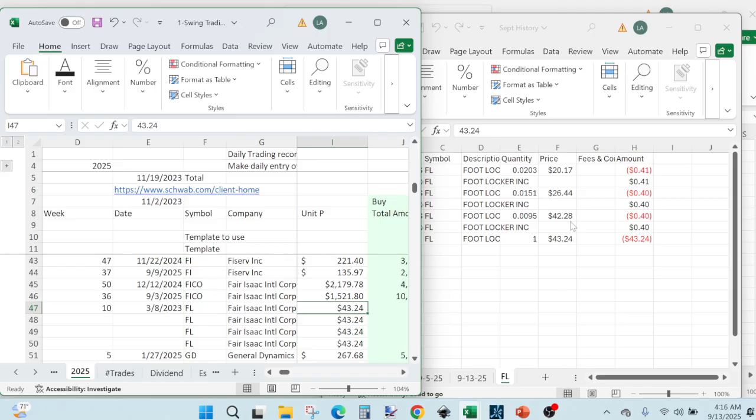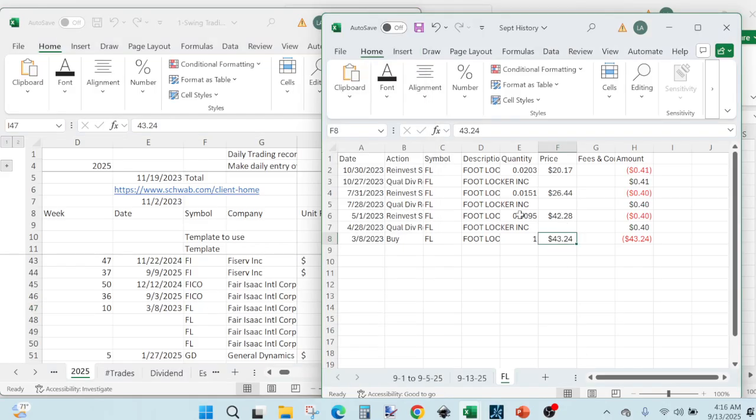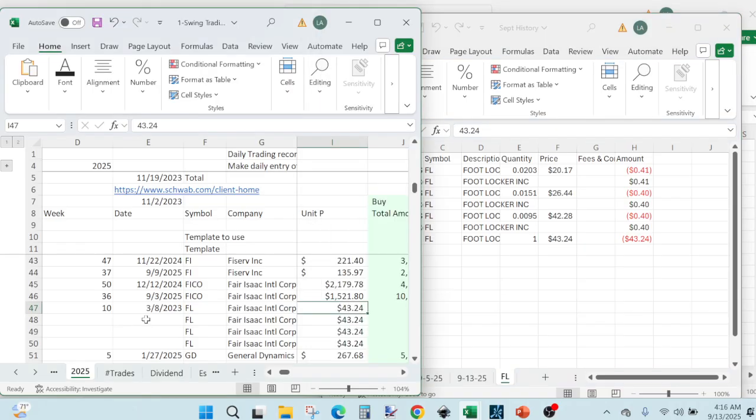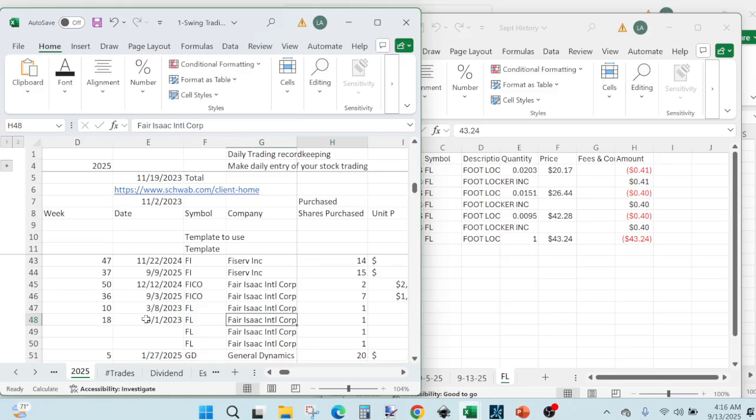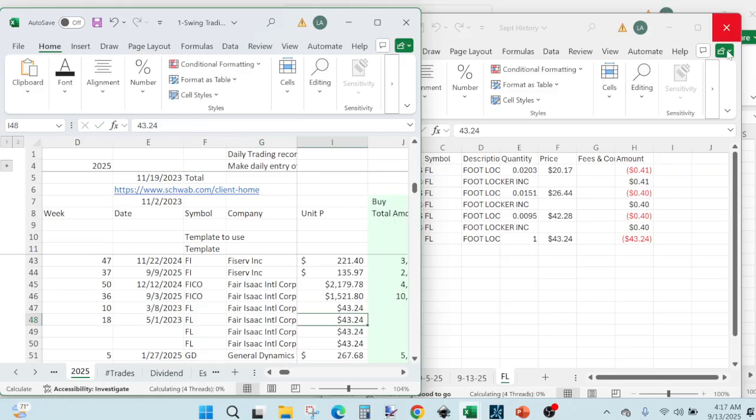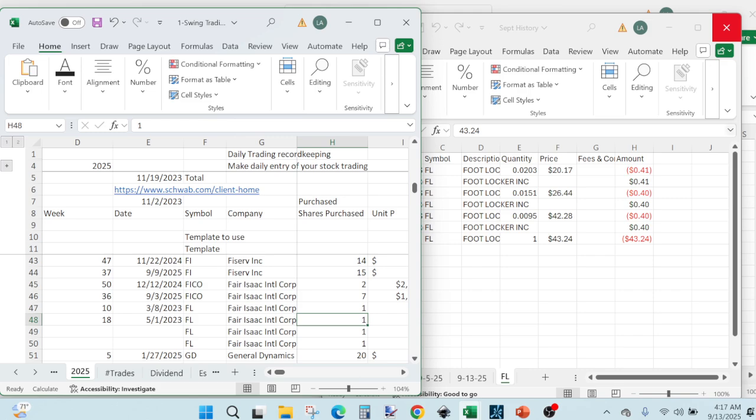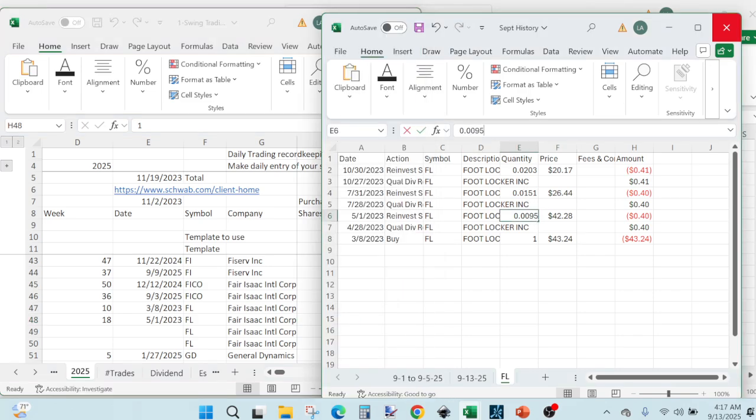So the second one, it was May 1st, 23. And the number of shares, we will copy that and we will add it.